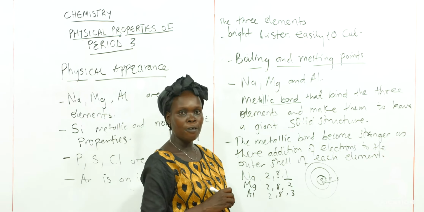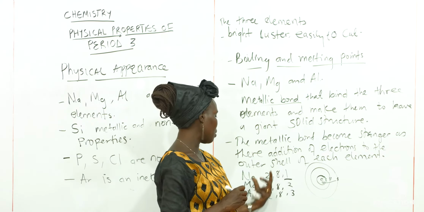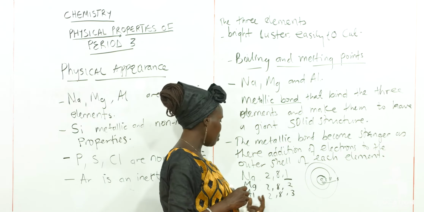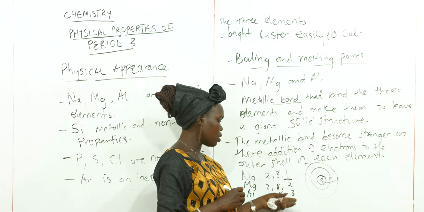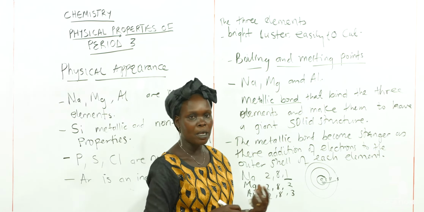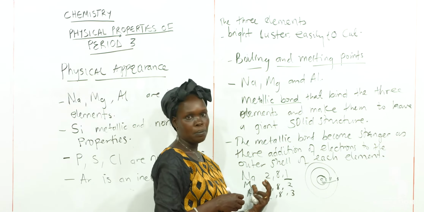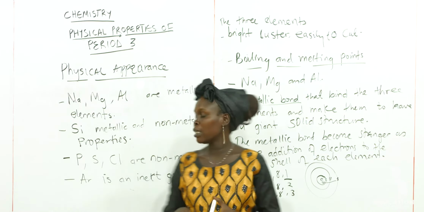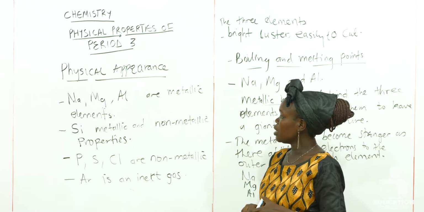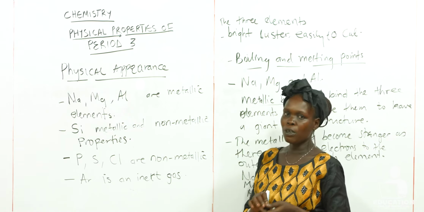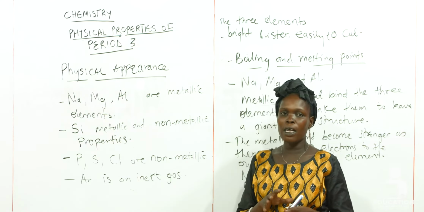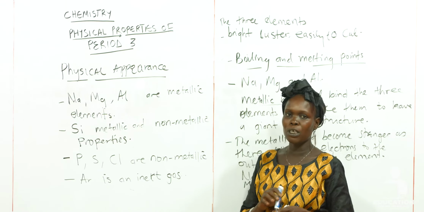So as we move across the period from sodium to aluminium, we shall see that aluminium, with more electrons in the outermost shell, has a higher melting and boiling point compared to sodium and magnesium. So what I'm saying is that the metals have increasing melting and boiling points. If you move from sodium to aluminium, you will have higher melting and boiling points towards aluminium.